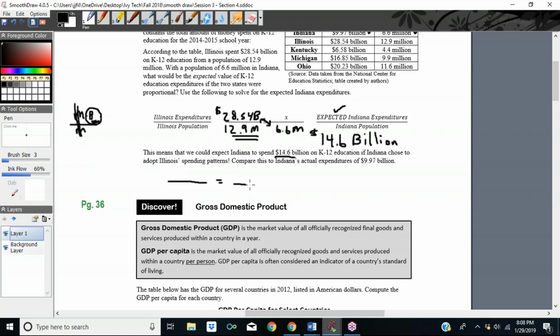This question is on page 35 in your book. We would set it up as Indiana, 9.97 billion, 6.6 million. And then for Illinois, if we're making the projection, we have the population and we don't know the expenditures. We would be trying to figure those out. And it is right about 19.5 billion.